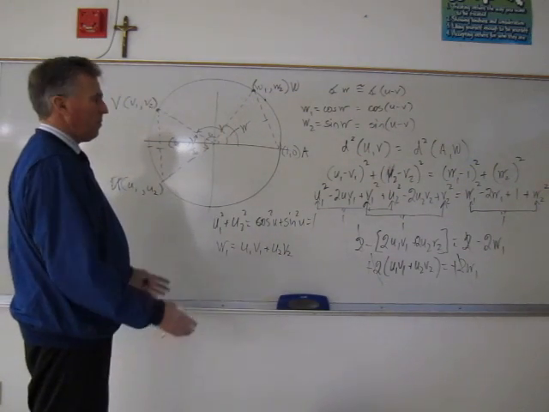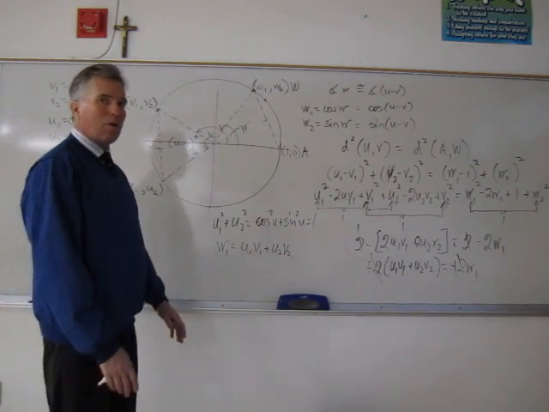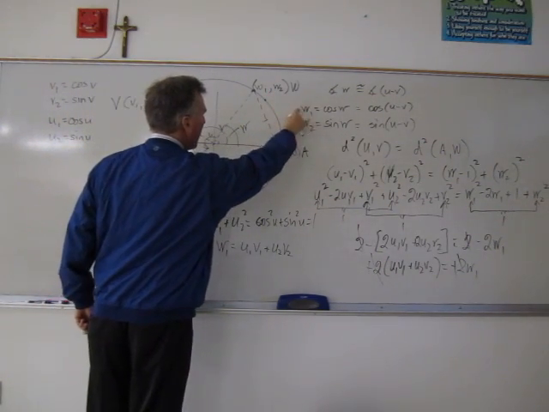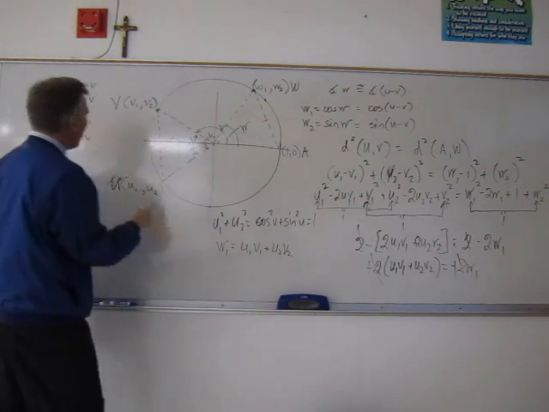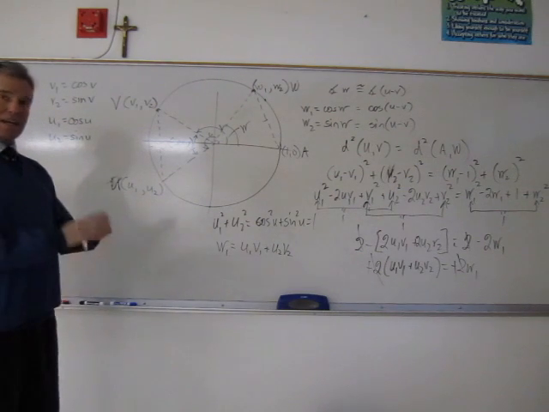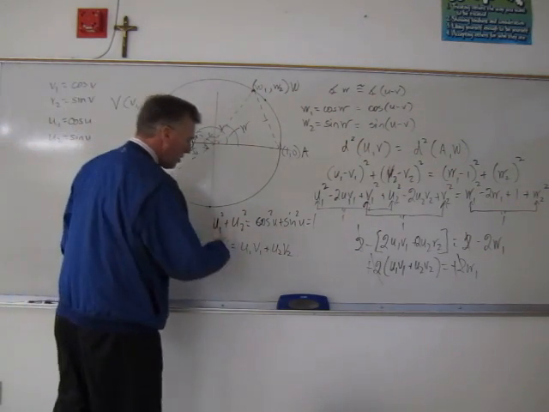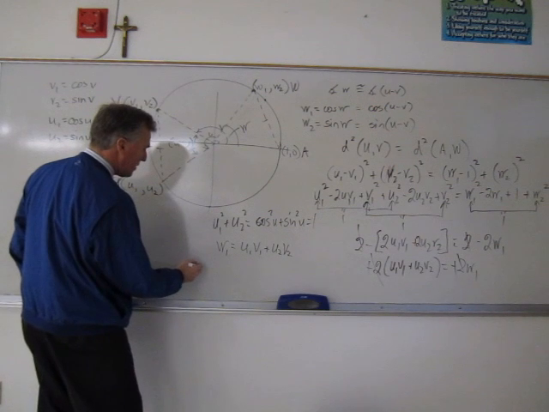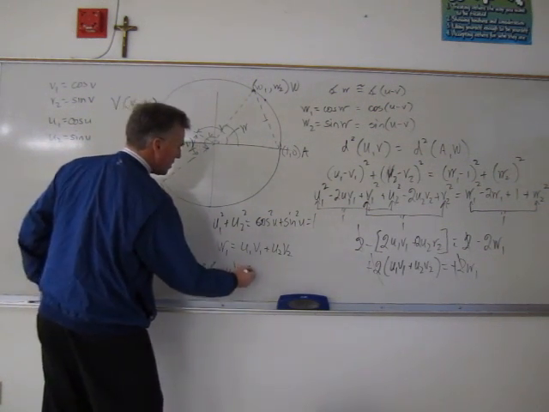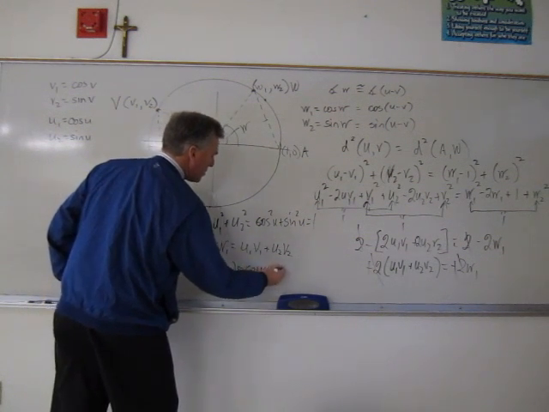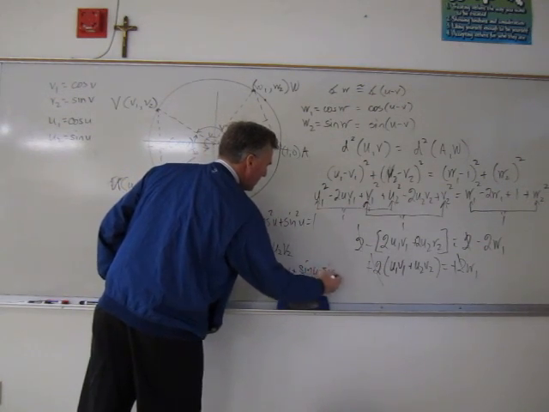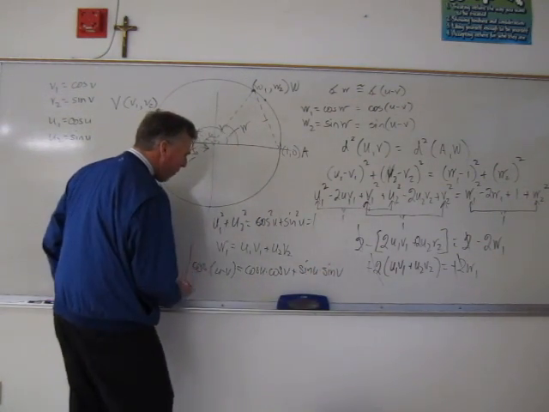Now you're going, what the heck is that? Well, it's beautiful is what it is. Because if I go back up here and look at how I defined W sub 1, U sub 1 V sub 1 and U sub 2 V sub 2, I can now substitute into this expression and I get cosine of U minus V equals cosine of U cosine of V plus sine of U sine of V. Wow!